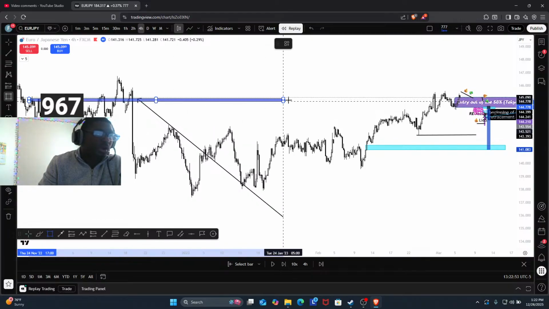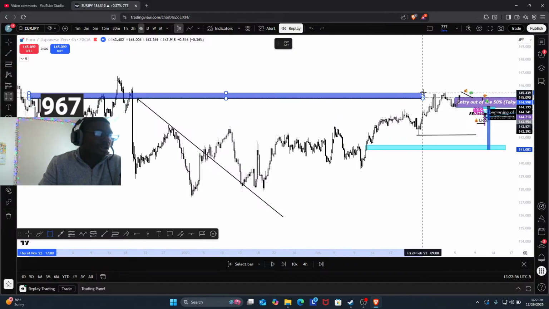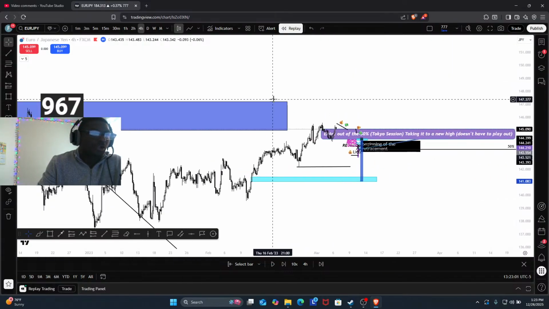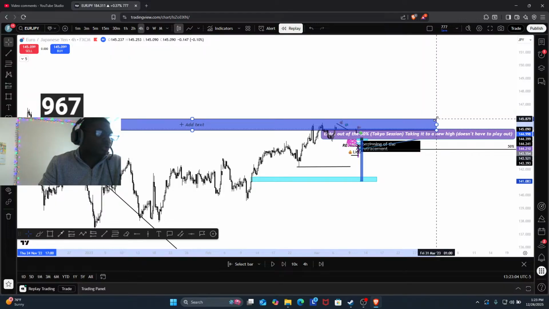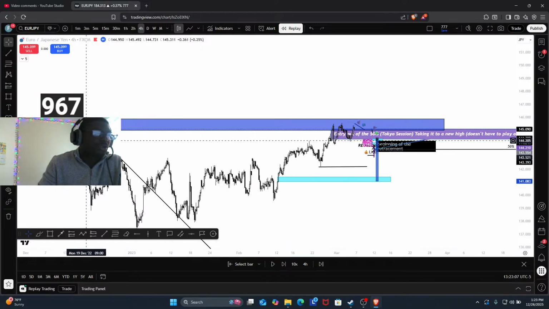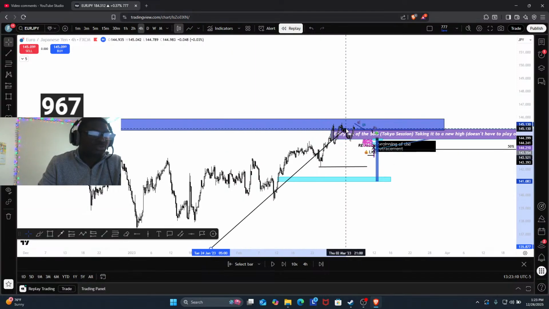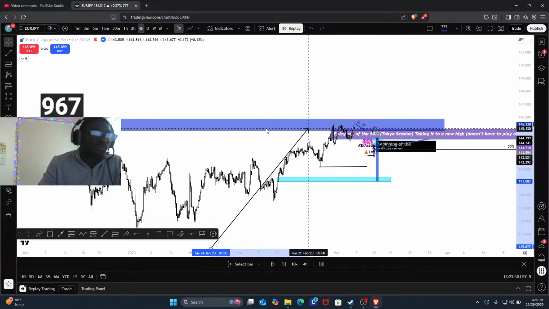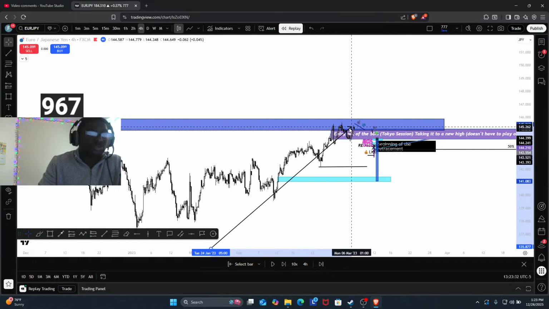So this whole area is an area of interest. It's a major push before it took off. Now, why would we look at here when structure is bullish? Well, if price decides to distribute out of here, you've got to think this is a major area because you have people who have sell orders and so on and so forth. So it's definitely an area of interest.